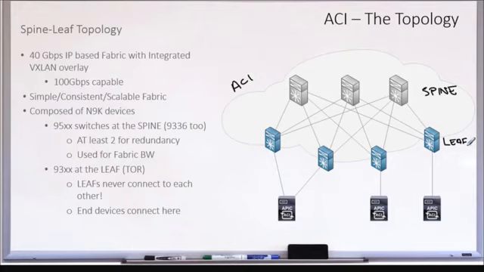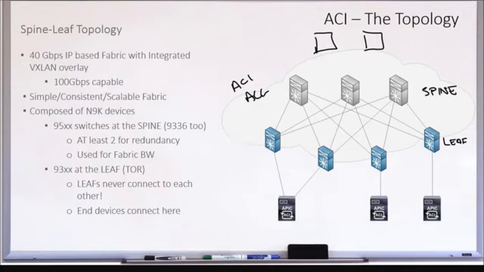ACI, of course, uses VXLAN, but with a smushed down topology rather than having that gigantic three-tiered architecture. Remember with the three-tier, this would be our aggregation layer, this would be our access layer. Let me see if I can back that up.